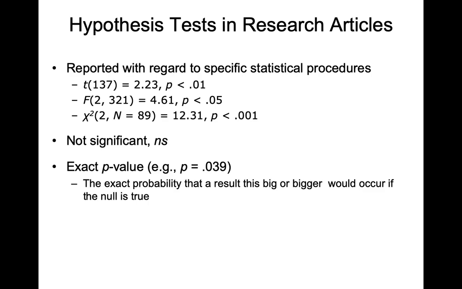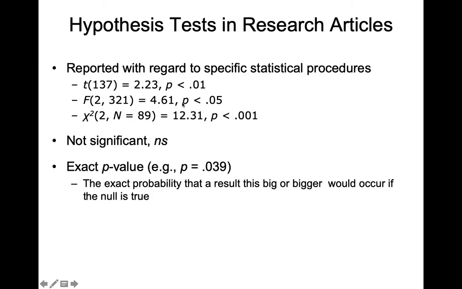Oftentimes, what you will see reported is something called an exact p-value. For instance, p equals 0.039. What the author of a paper might be trying to convey is the exact probability that a sample result this big or bigger would occur, assuming that the null is true. So they're saying if we assume that the null is true, the probability of our data is 0.039. Notice that this 0.039 is less than our conventional level of 0.05.